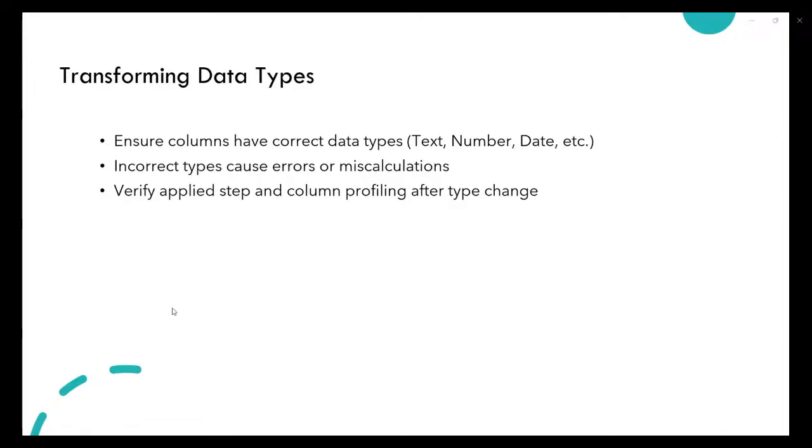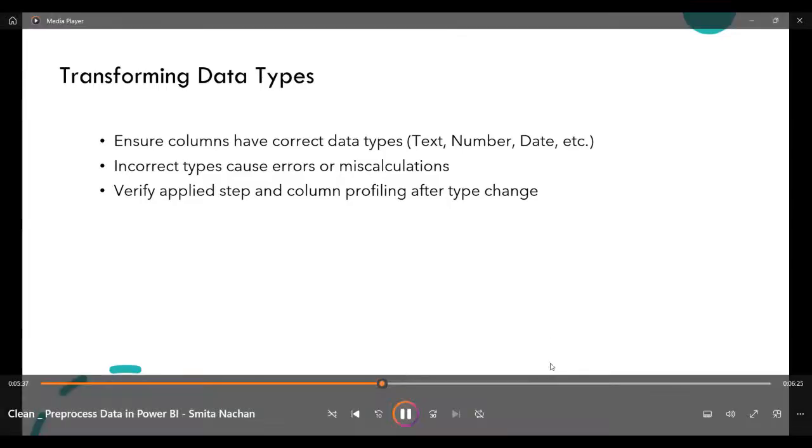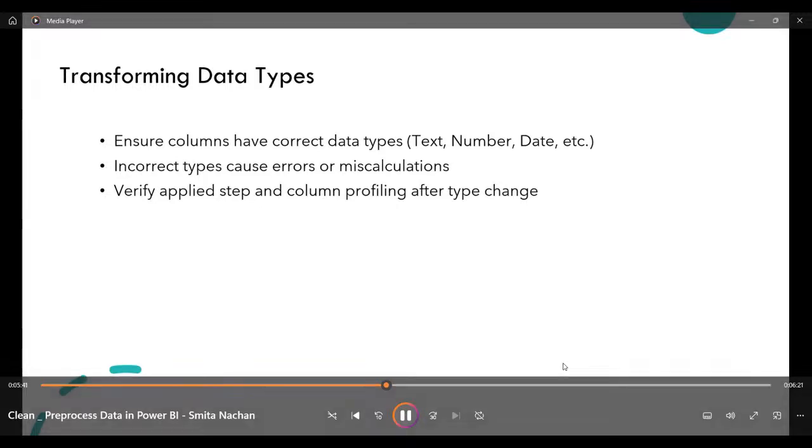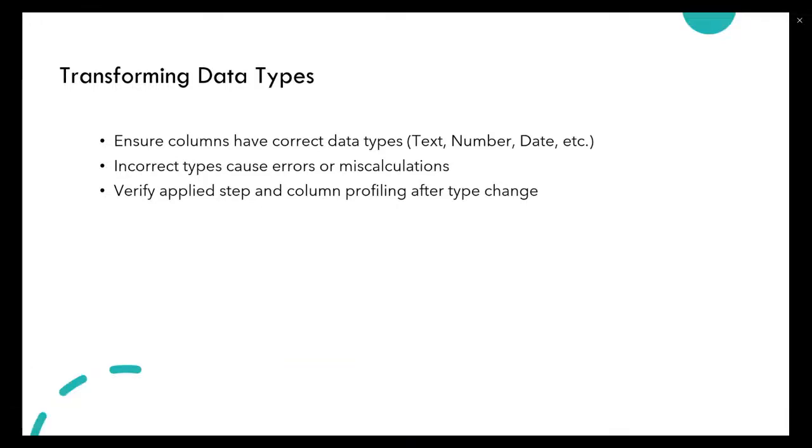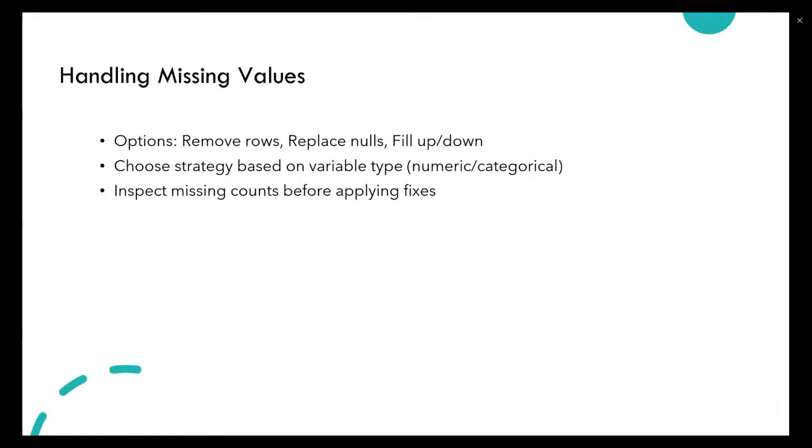If the data type is wrong, it can cause errors or miscalculations. That's why it is important to always verify your data types in Power Query Editor. In short, setting the right data type is a small step, but it has a big impact on the accuracy as well as reliability of your reports.